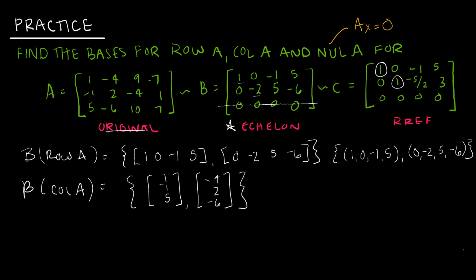And so essentially what I have here is my reduced row echelon form, which tells me that x1 minus 1x3 plus 5x4 equals 0, because remember we would just have an augmented 0.